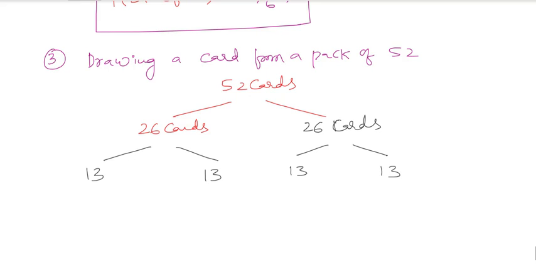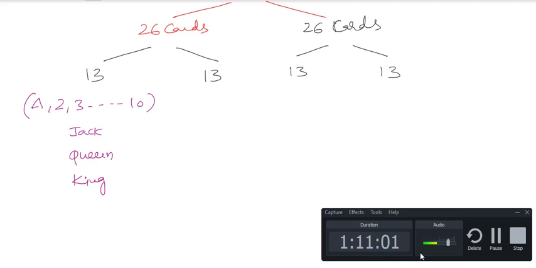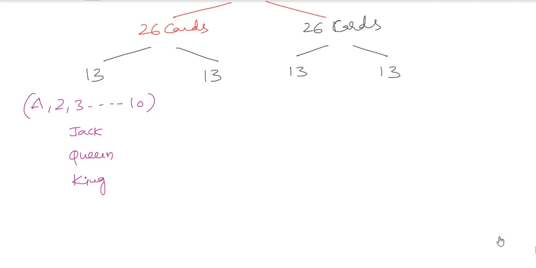Thirteen means what? It starts from A, which means 1, then 2, 3, and so on up to 10. Then you have the other cards: J, Q, K, meaning Jack, Queen, King. So there are 13 cards like this.